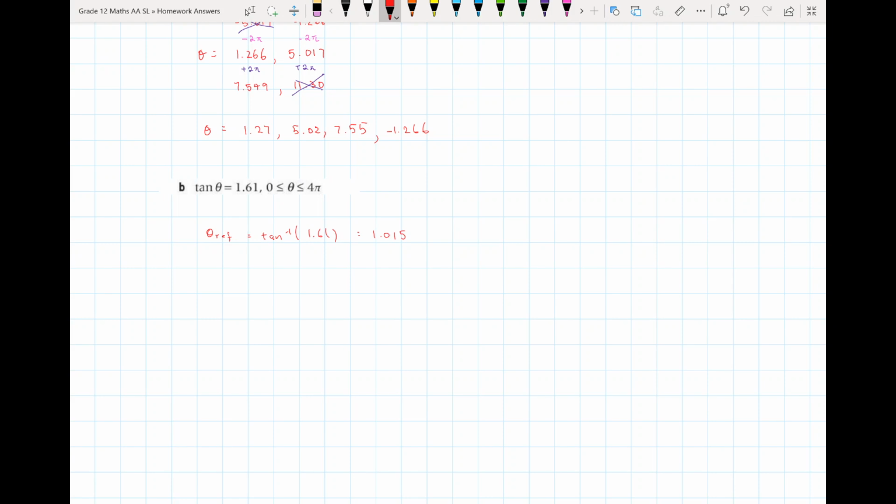So what I mean is this is one particular solution because first of all, this is positive. So we know that this is in quadrant 1. And this will be positive for tangent. So we can go ahead and write down this solution.